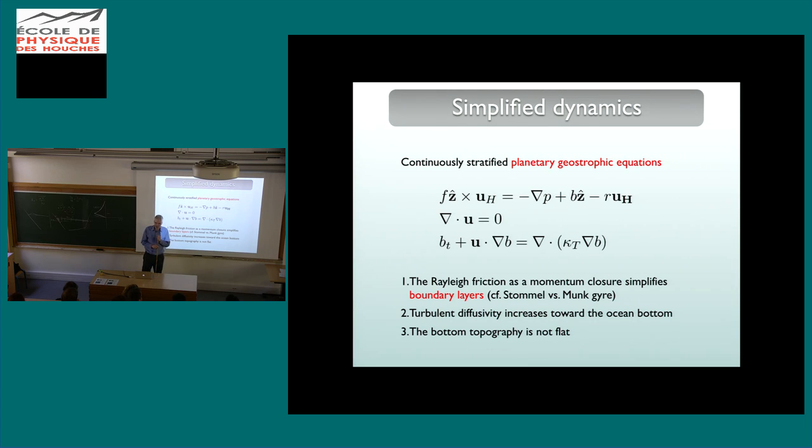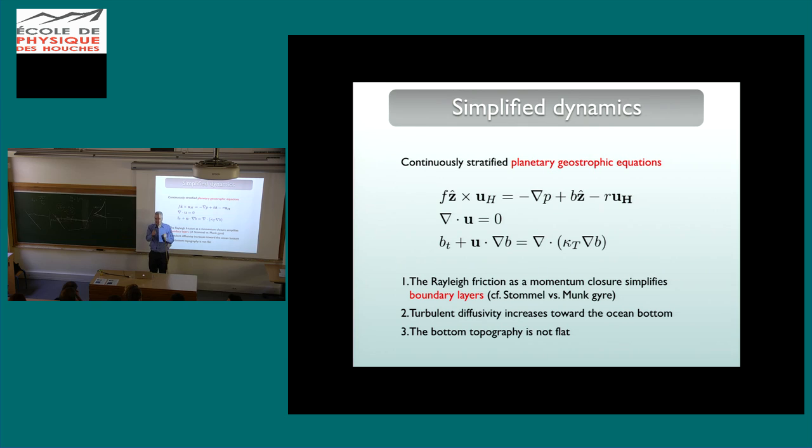But still, I'm going to get a flux divergence and convergence, mostly because kappa T is increasing towards the bottom, so for a while it's increasing fast enough that kappa T B_z is becoming larger and larger, but then I impose a no-flux boundary condition, so it has to go to zero, so it reverses sign. It's increasing near the boundary, but there's a point at which it starts decreasing.